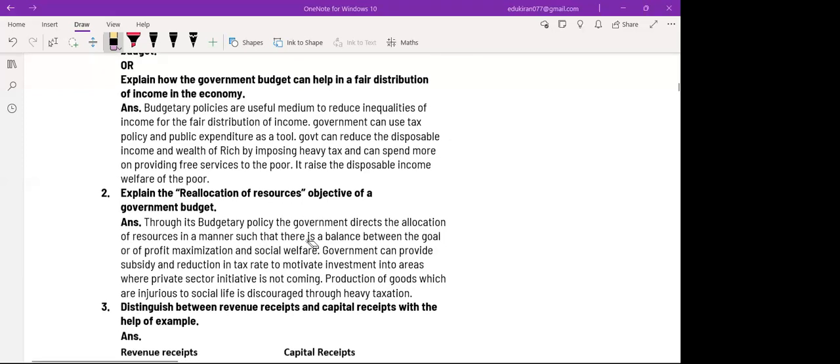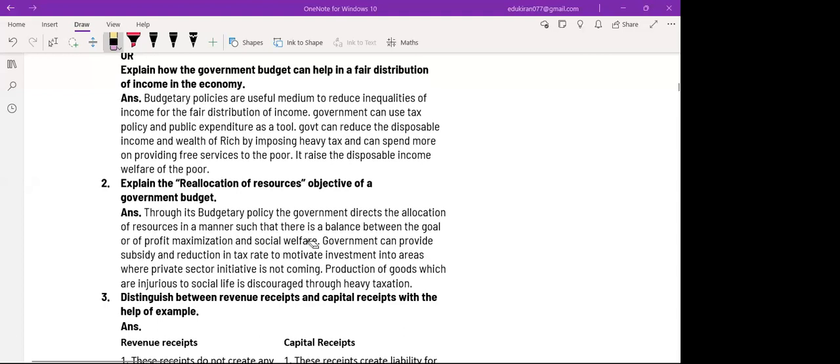Explain the reallocation of resources objective of government budget. Through its budgetary policy, government directs the allocation of resources. For example, there are very limited resources, and I need to reallocate them. Say I have money and I need to redistribute it: this much I'll spend on my books, this much on my coaching, this much on shopping, this much on food.